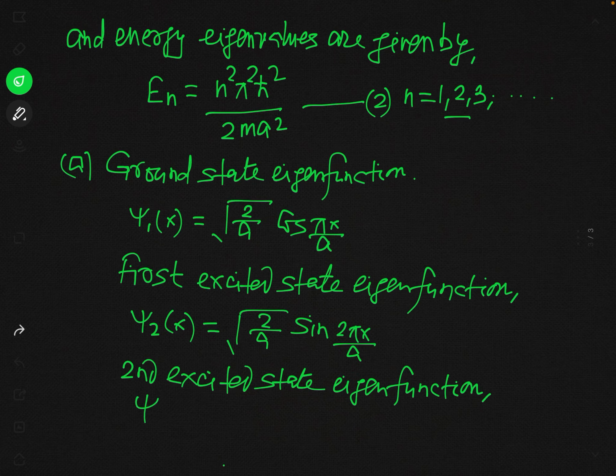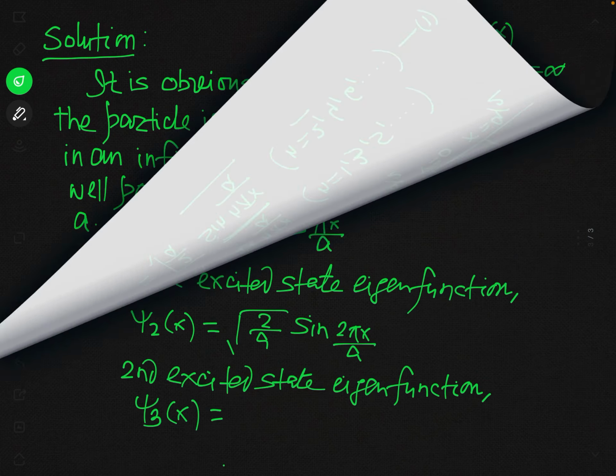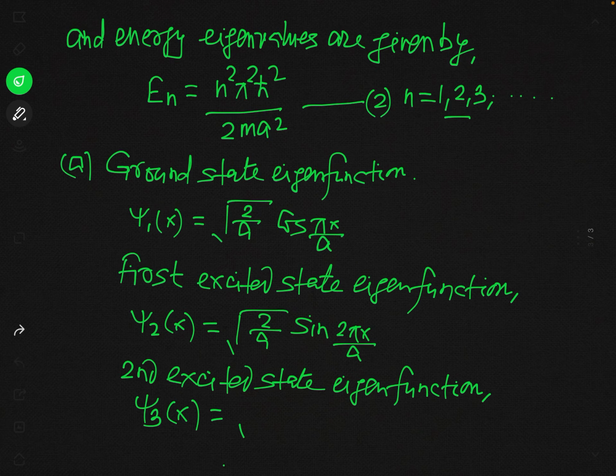This will be psi3 of x, and you can see when n is 3, then again the eigenfunction will be in terms of cosine function, and so you should write this is a square root of 2 over a cos 3 pi x over a.